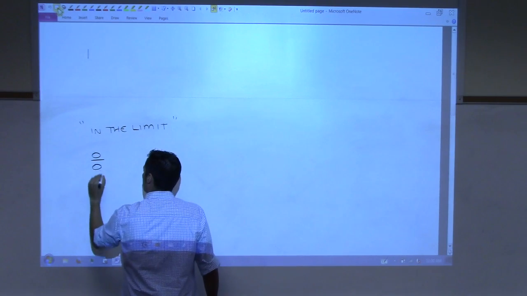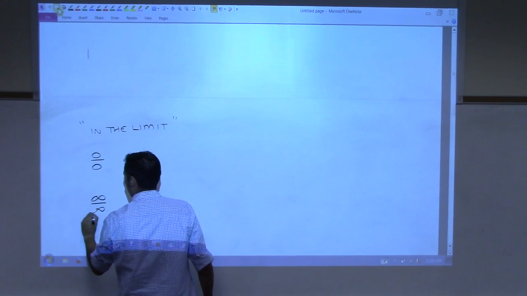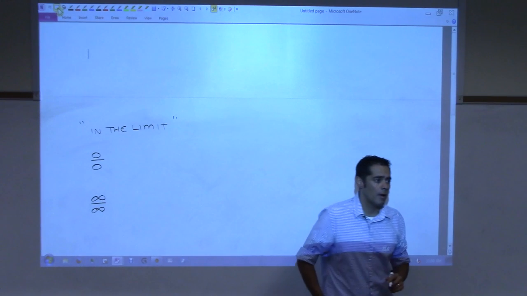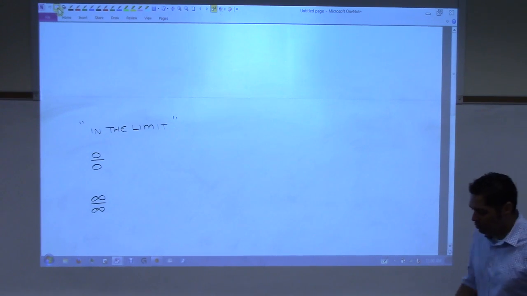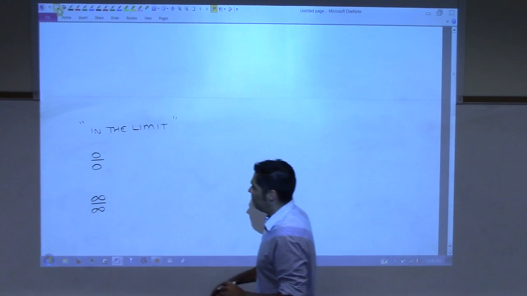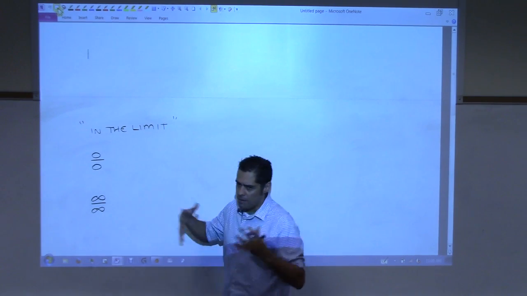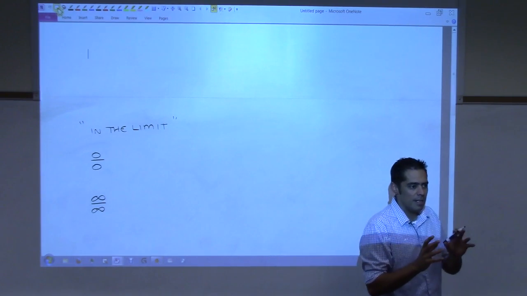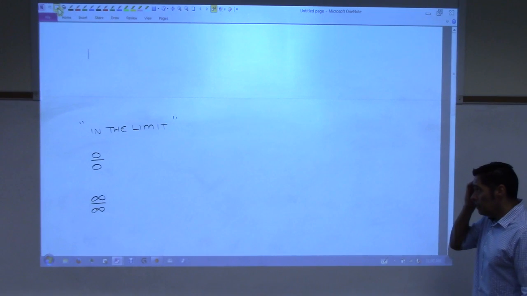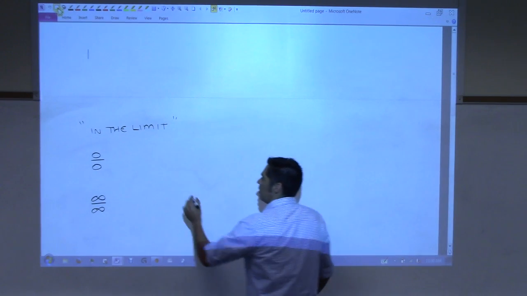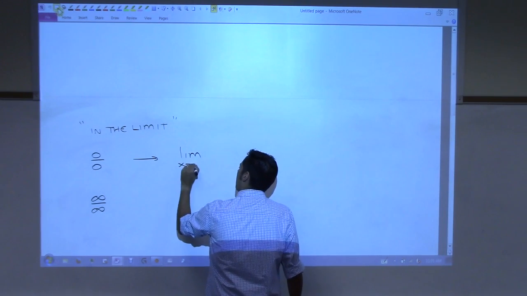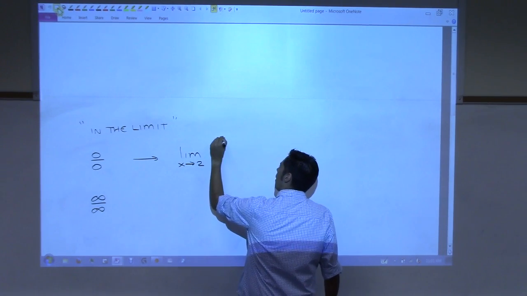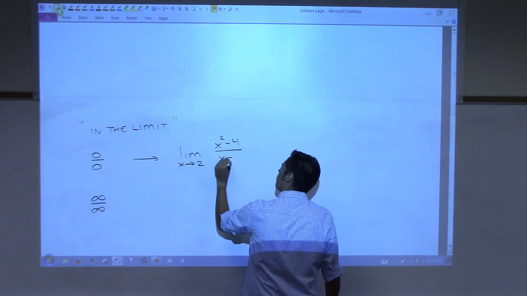We know how to deal with these two forms. We've seen this before, right? And what we normally did in those cases was some algebra or some sort of trick. Depending on the limit, we would adjust our technique depending on what we see. An example of each of these specifically would be something like the limit as x goes to 2 of x squared minus 4 over x minus 2.